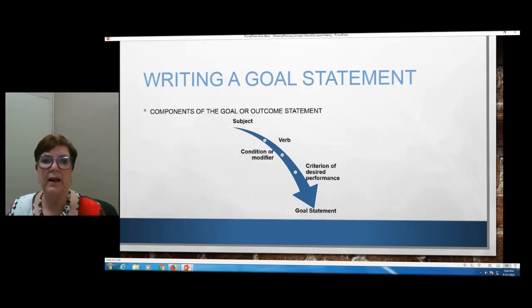So the components of the goal or the outcome statement is we're going to have a subject, and that subject is just about always going to be the patient. So we need a subject, we need a verb, and we're going to need a condition modifier, and we need the criterion for the desired performance. Thus, we will have a goal statement.